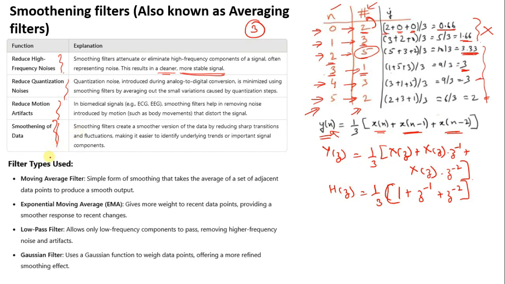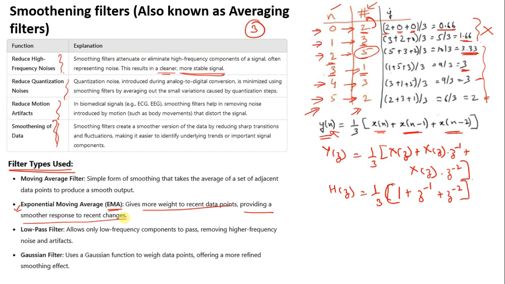Now if you look over here, the types of smoothing filters that are used are basically the moving averaging filter that you have just designed, then the exponential moving averaging filter, in short we call it EMA. Herein, more weight is given to the recent data points and it provides a smoother response to the recent changes. That is the important thing.